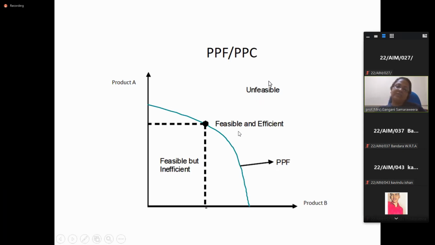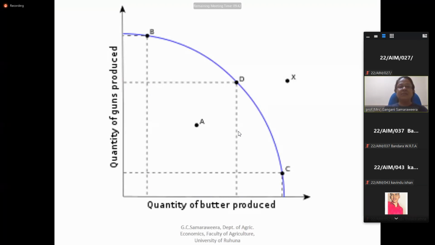Outside the graph is not feasible, because no inputs are there to produce product A or product B. Now clear? Yes. Okay, great.